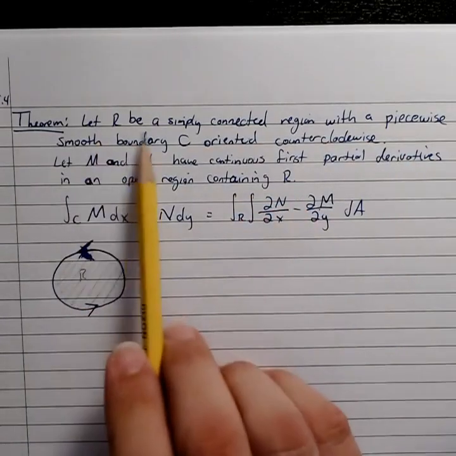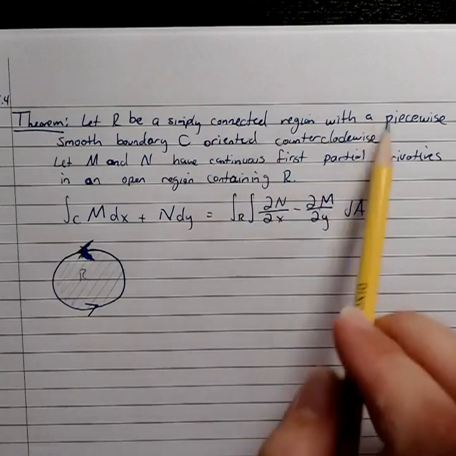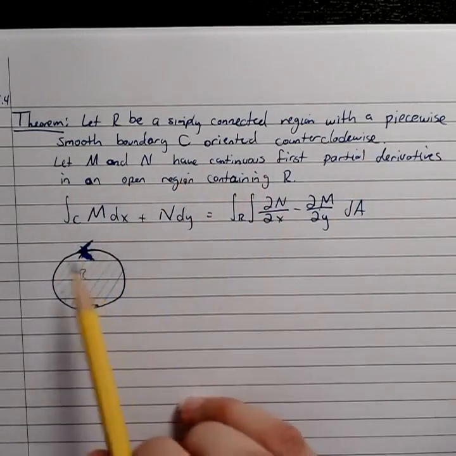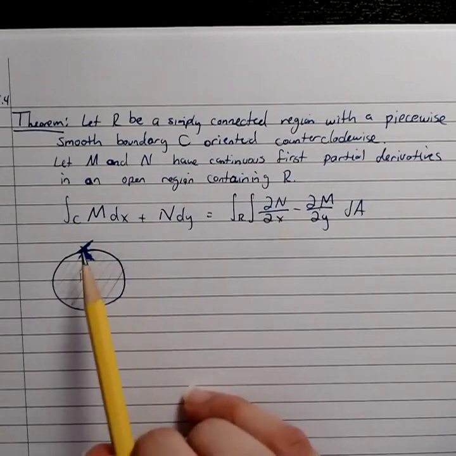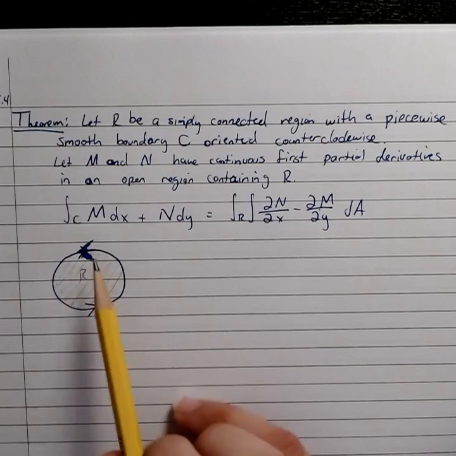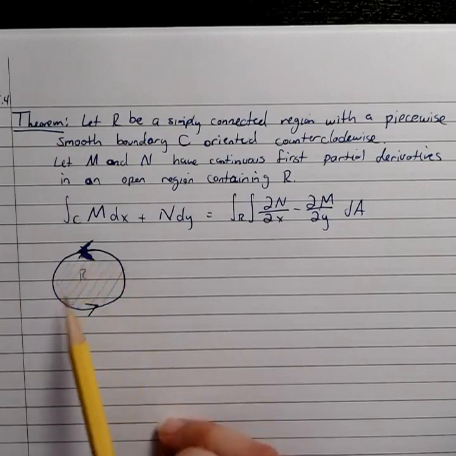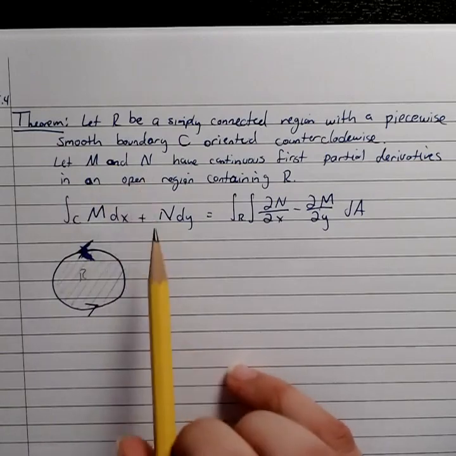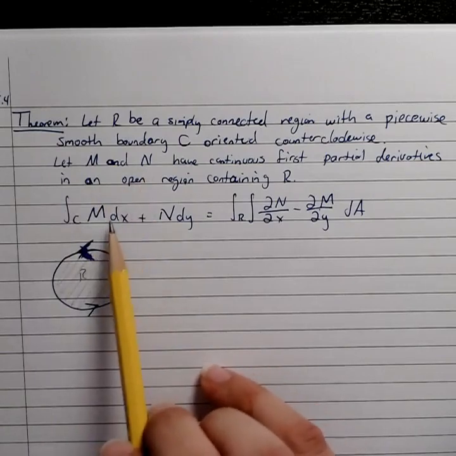Okay, so let R be a simply connected region with a piecewise smooth boundary along the outside that is oriented counterclockwise. So we have a region, and aside from the stuff inside the region, we're also saying something about its boundary. Now let M and N be functions of two variables, x and y.